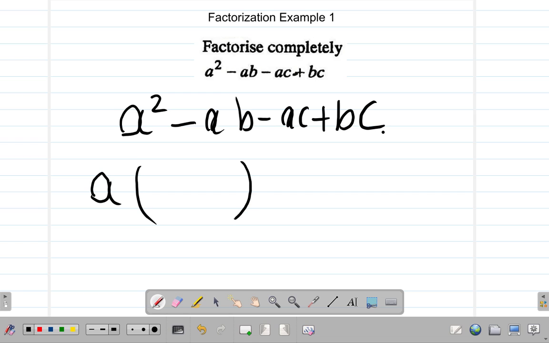Now what is it you're going to have inside the bracket? Whatever you're going to write here, A multiplied by it must give you A squared, so that when you open back the bracket, you get an A squared. What is it you must write here? It is of course A, because A times A gives you A squared.